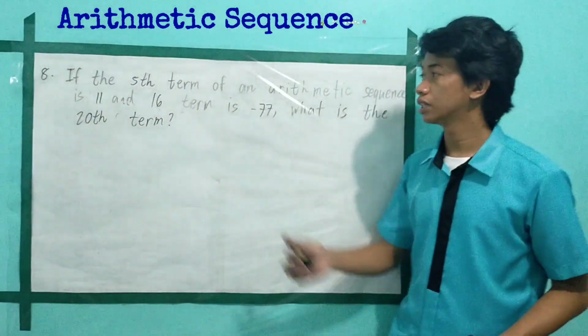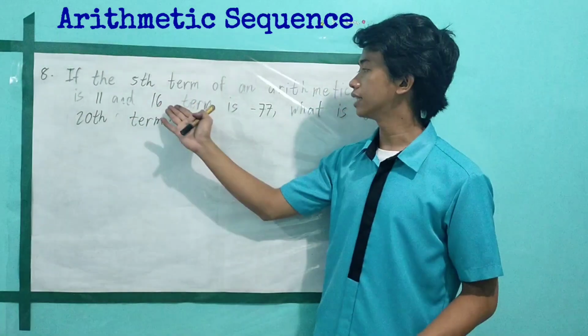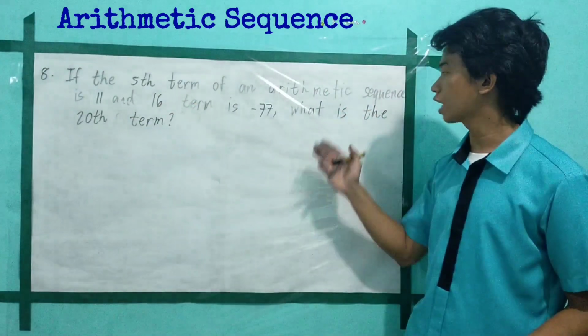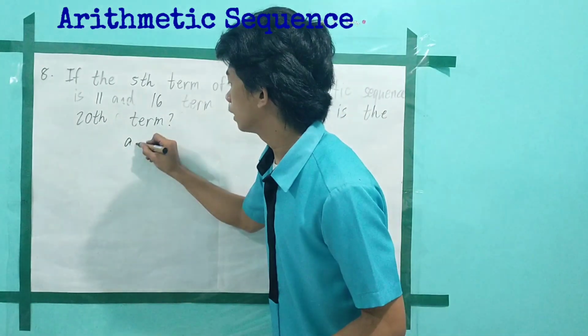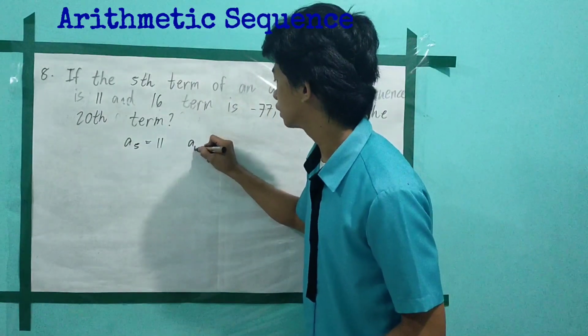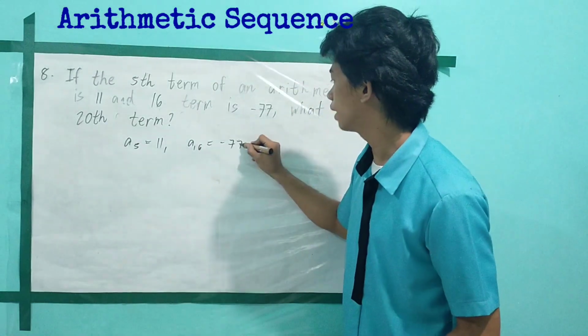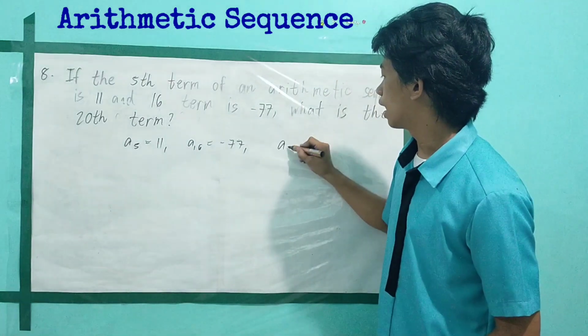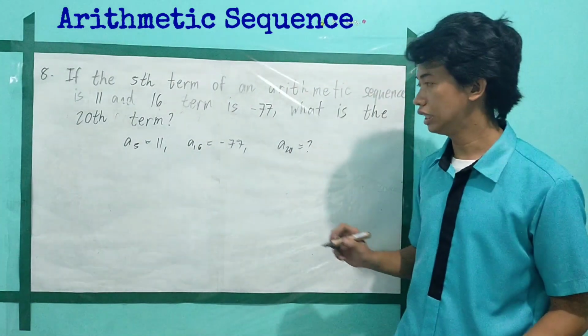Problem number 8. If the fifth term of an arithmetic sequence is 11 and 16th term is negative 77, what is the 20th term? So, ang ating a sub 5 is equal to 11. Ang ating a sub 16 is equal to negative 77. Ang ating a sub 20 ang hinahanap. Okay?